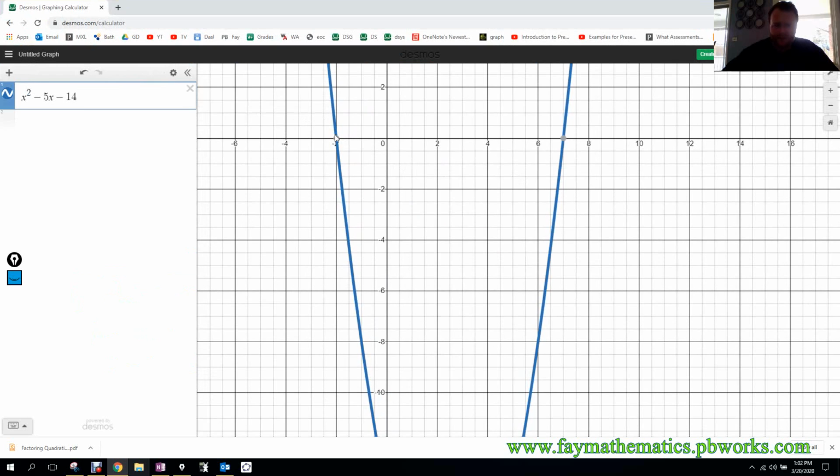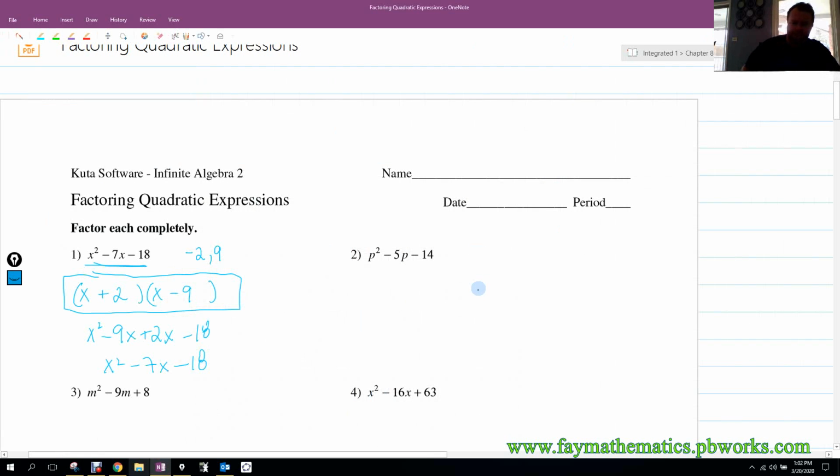All we have to do is click on the graph and it'll put that little gray dot there. So -2 and 7. And now remember, we have to put the opposite of those in the parentheses. So the opposite of -2 is +2, and the opposite of 7 is -7. If you were to FOIL that, it's going to get you back to that thing right there.